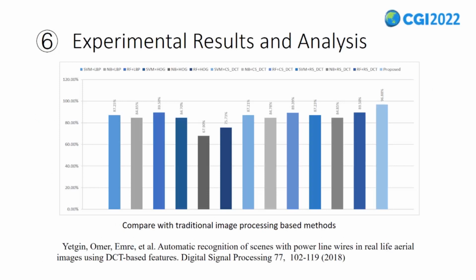First, we compare the proposed method with the traditional image processing methods. We can find these methods in this paper. We also use the same public dataset. Obviously our method is better than traditional image processing based methods.